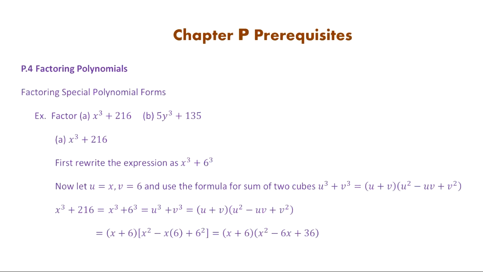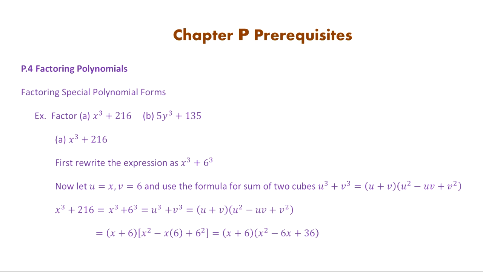All right, and then we can also factor the sum of two cubes. For example, we have x cubed plus 216 to factor, and you can write 216 as 6 cubed. If you multiply 6 by itself 3 times, you're going to get 216. 6 times 6 is 36, and you multiply 36 by 6, you get 216.